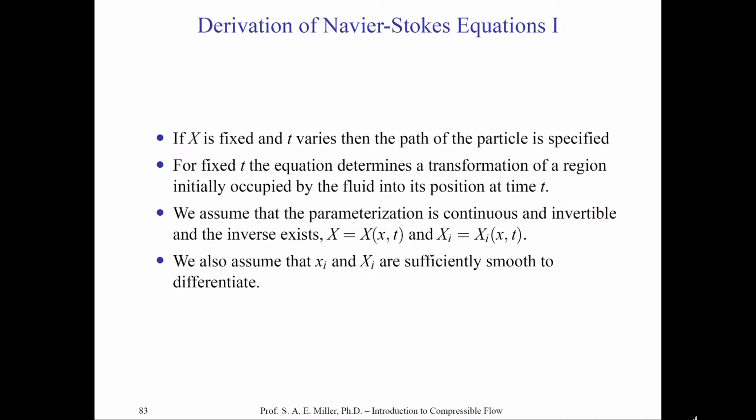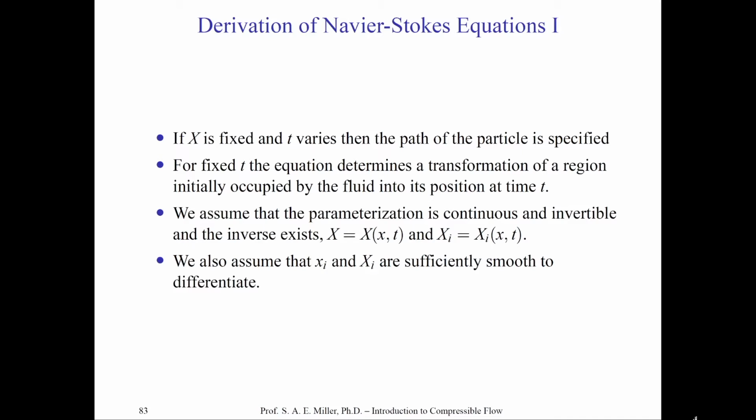So assume that the parameterization is continuous and invertible. That doesn't mean that we'll deal with irreversible or reversible processes from thermodynamics, but we imagine that if this is a deterministic set of equations, then we can actually reverse the process, of course, and go backwards or forward in time, which is a property of determinism.